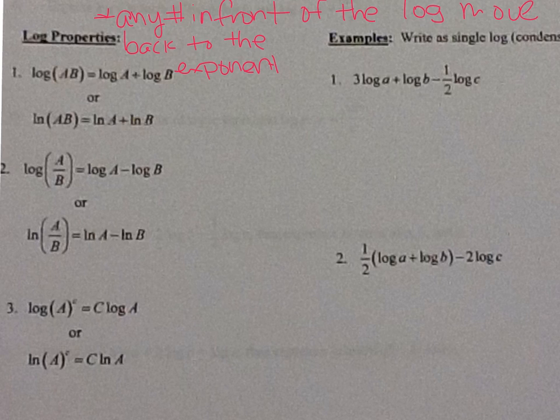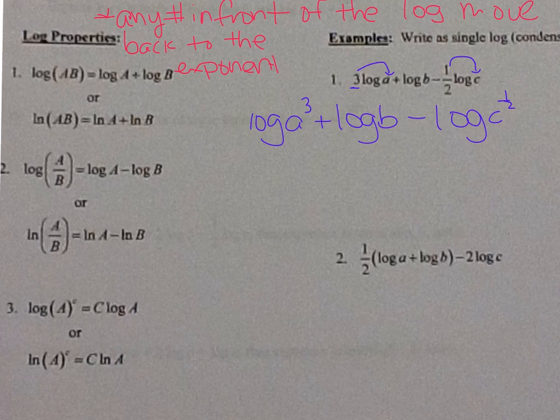Remember, a number in front of a log came from an exponent. So let's start here. I have a number in front of log here, which is a 3. So that's going to go back to only my A, and my 1/2 is going to go back to my C. So it'll be log A to the 3rd power plus log B minus log C to the 1/2 power.